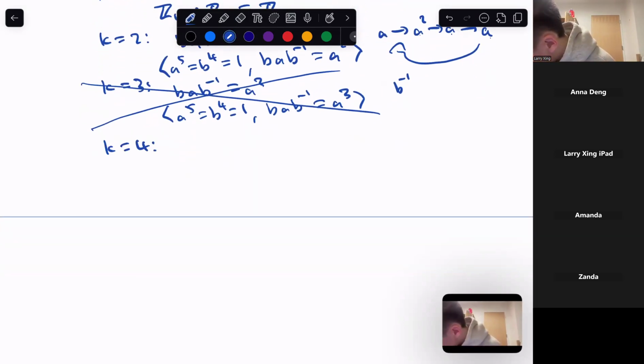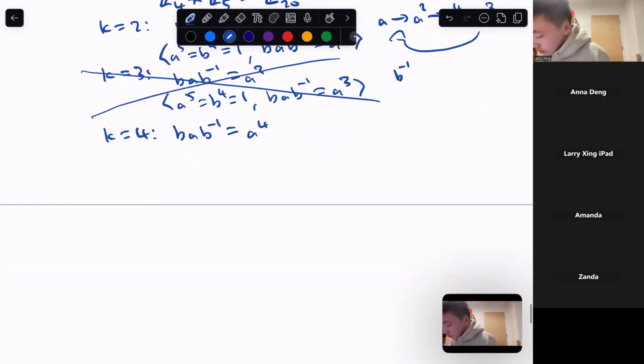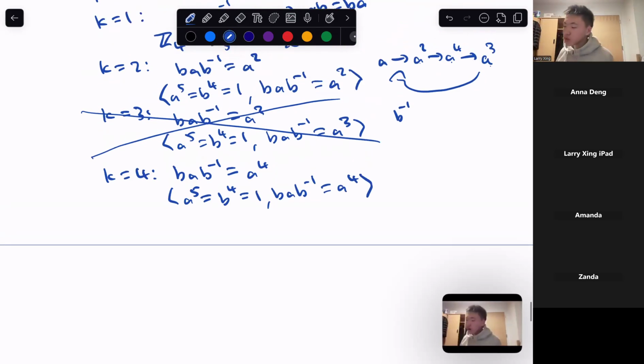So now for k equals 4, b to the negative 1 equals a to the 4. So a to the 5 equals b to the 4 equals 1, b to the negative 1 equals a to the 4. Is this now isomorphic to the original group?